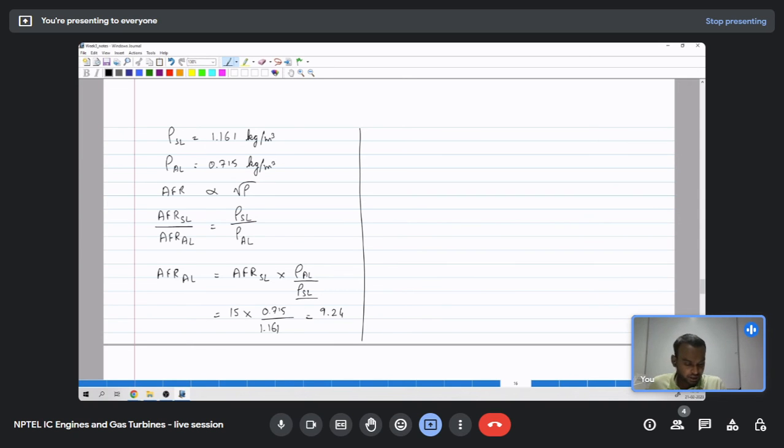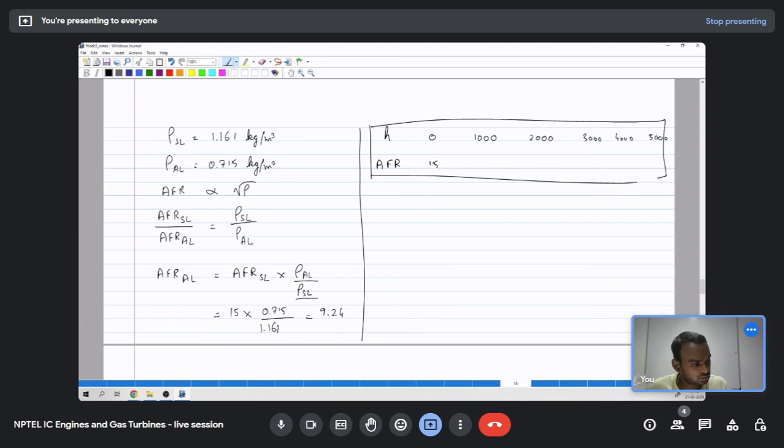Similarly, we are asked to calculate the air-fuel ratio at different altitudes from 0 in steps of 1000. So we know at ground level it is 15 and at an altitude of 5000 it is 9.24.